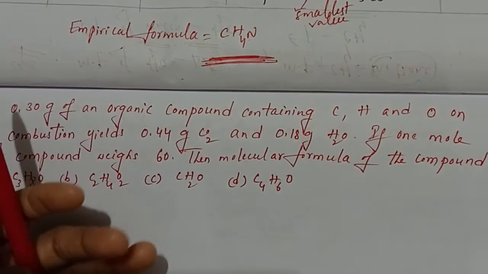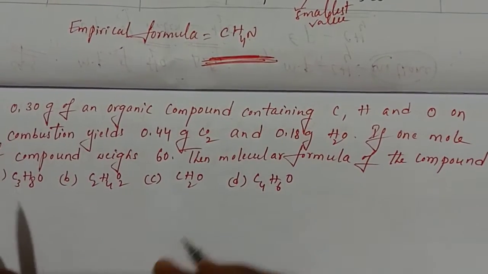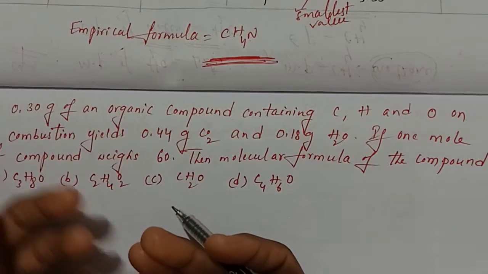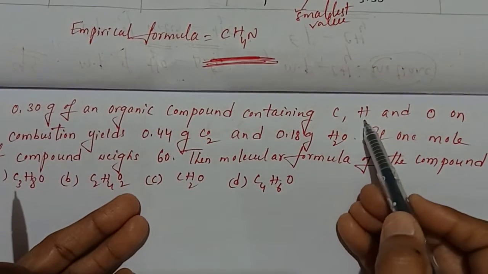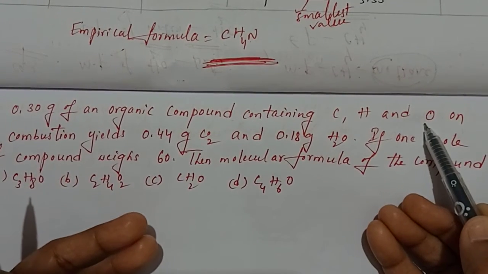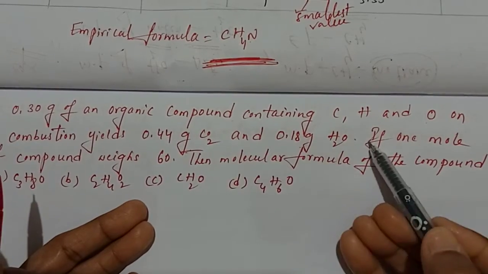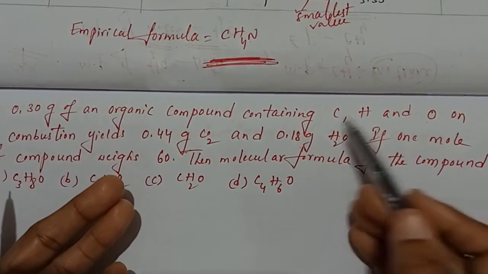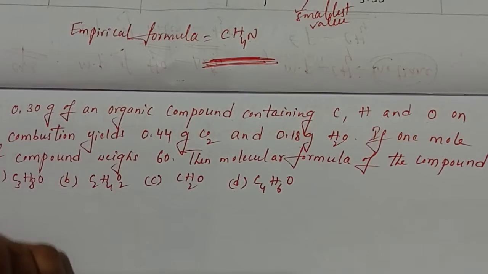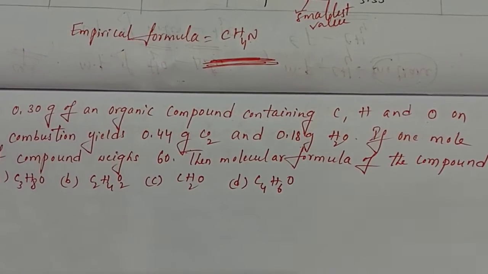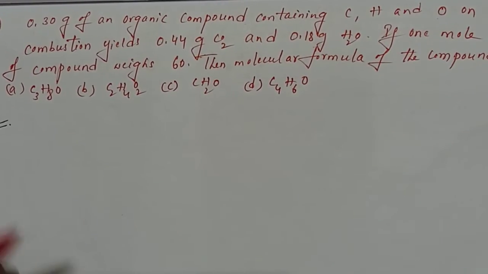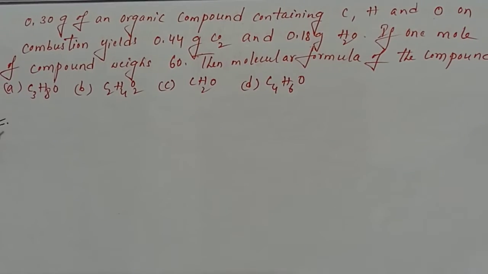So first, what do you have to do, students? We have to find the percentage of carbon, percentage of hydrogen and percentage of oxygen. They gave weights, so by using these weights we can find the percentage of carbon. So first I am going to calculate the percentage of carbon. See, students, percentage of carbon, how to find it?